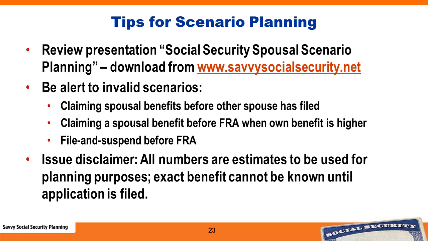He must wait until he is 66 to file and suspend, even if that means his wife must wait longer for her spousal benefit. The Q&A document that goes with the spousal scenario planning presentation on the website contains more information about invalid scenarios.